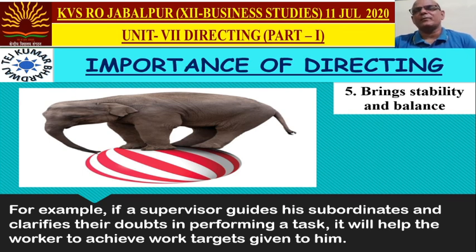Obviously, the task will be performed, objectives will be achieved, and not only organizational but social and individual objectives will be achieved. So dear students, these are the points which emphasize the importance of directing.